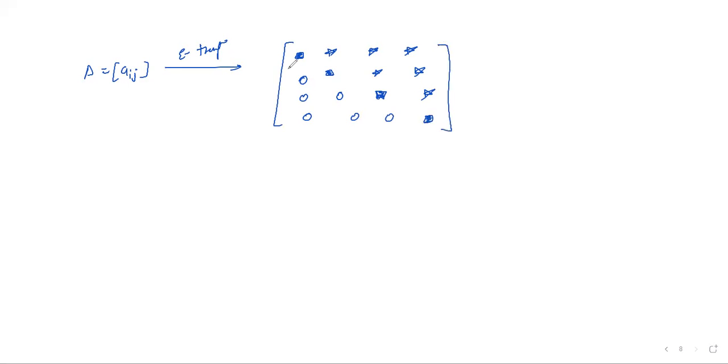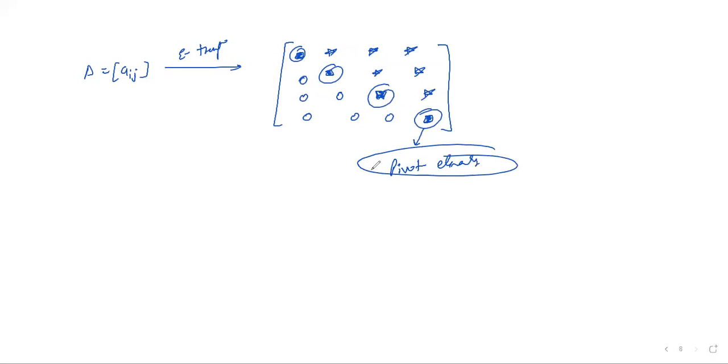The corresponding elements like this are my pivot elements, and this is the echelon form. So what are the conditions for this?